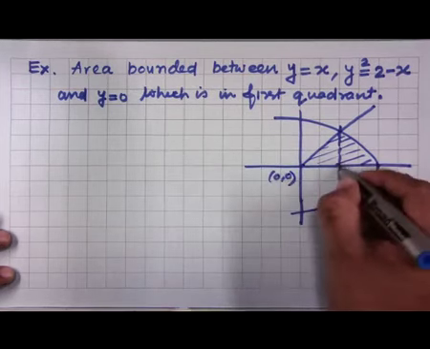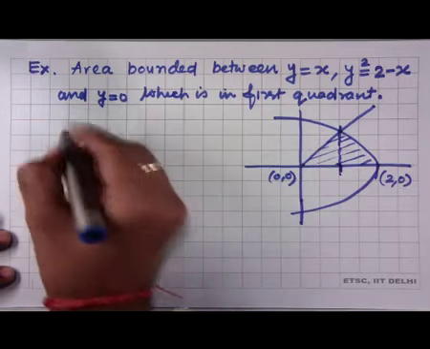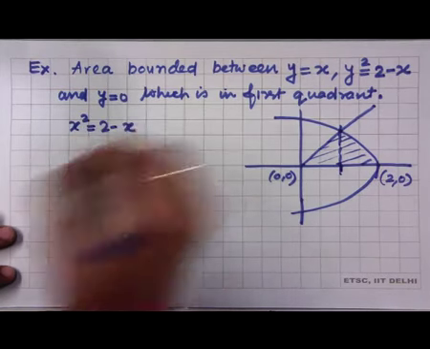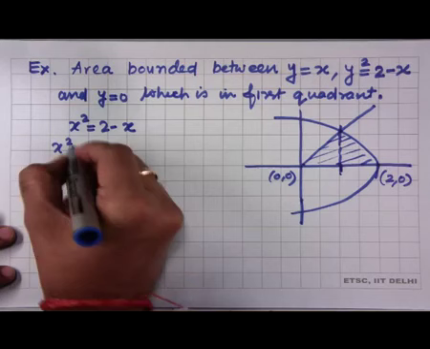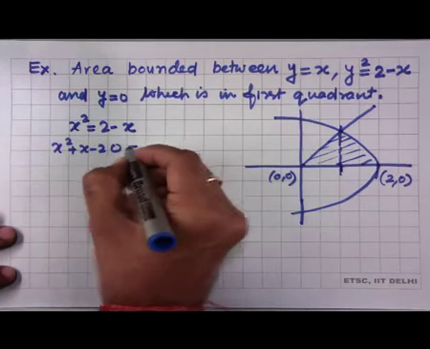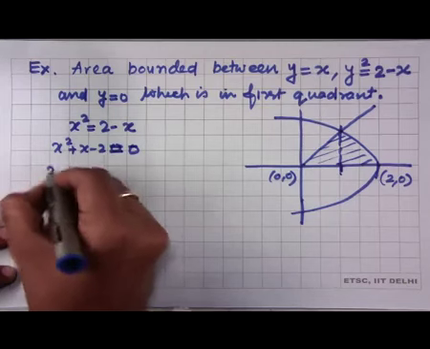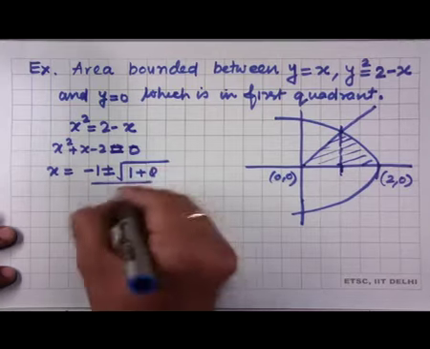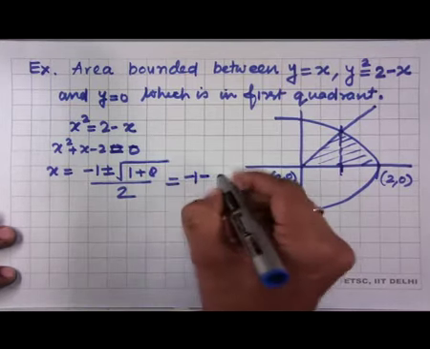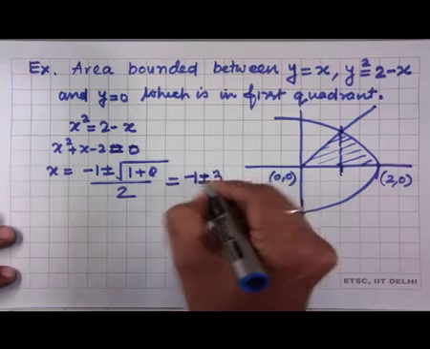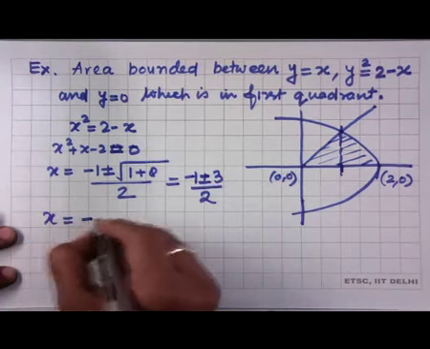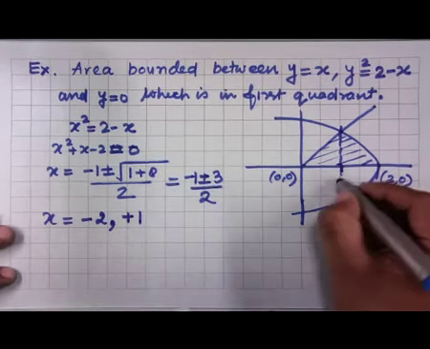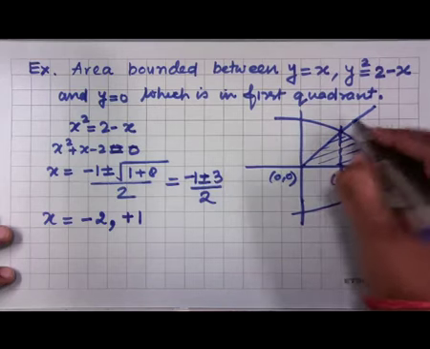So, we solve it and see that this is 1 comma 0 and this is 1 comma 1.